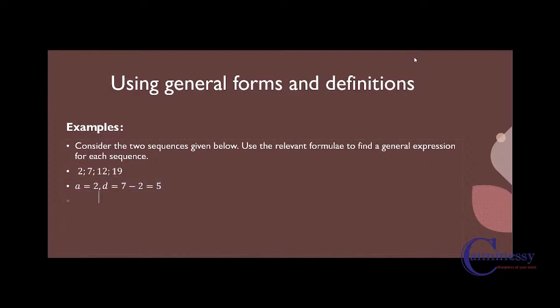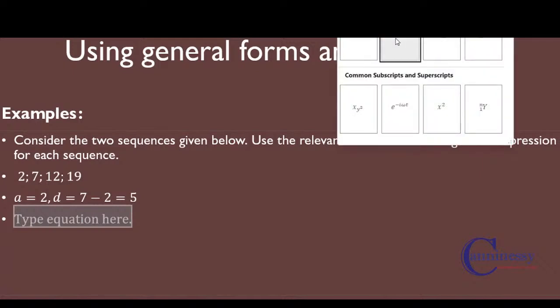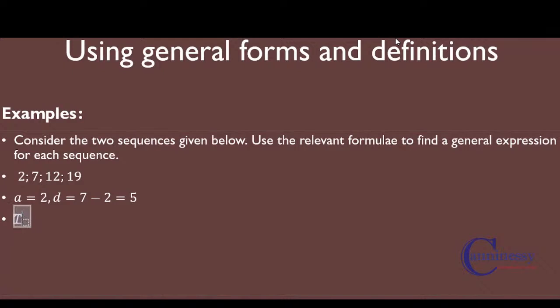Then now, using the general form, we're going to substitute the values of A and D in the general form, which is Tn is equal to A plus open brackets n minus 1 into D. Right?